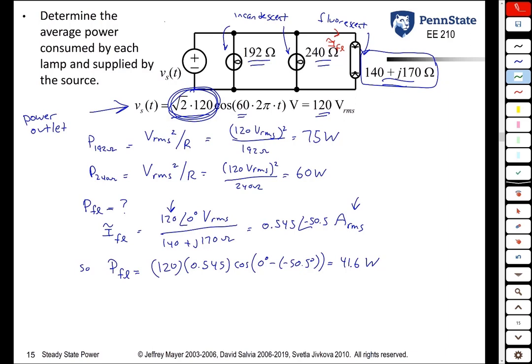The last thing we need to find is the power absorbed or supplied by the source. To do that, we need to know its current. So let's label this current as IS tilde.